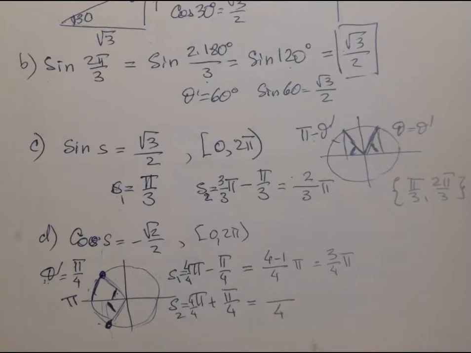So we have the same denominator, 4. In the numerator, 4 pi plus pi will be 5 pi over 4. Here I factored out pi, here I have not. It's actually up to you how to solve this fraction.